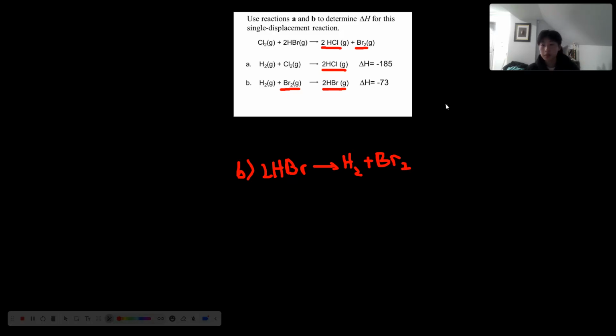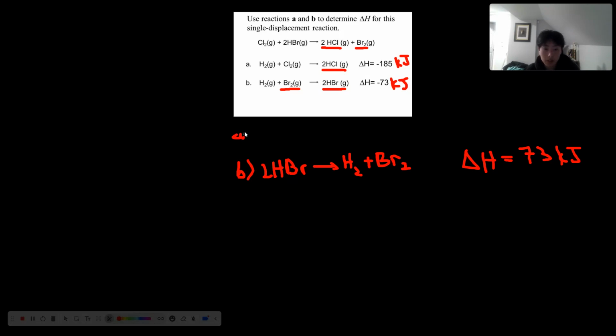Now that we have flipped our reaction, we must also flip, or negate, our sign for delta H. Since we have negative 73 as our original delta H, we need the opposite sign, which is 73. This is usually assigned in kilojoules, but it was not specifically written in this question. Just keep that in mind, it's in kilojoules.